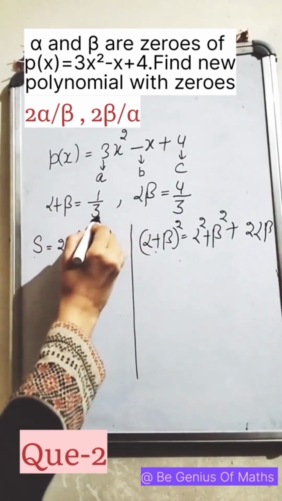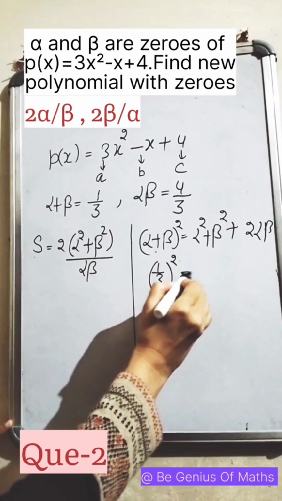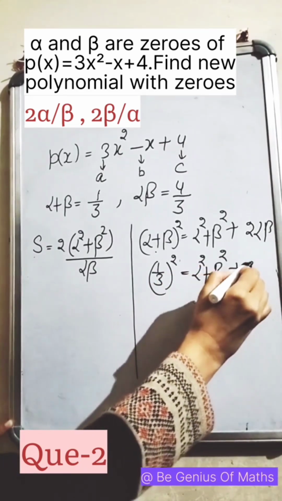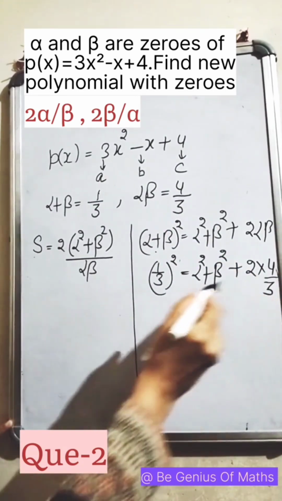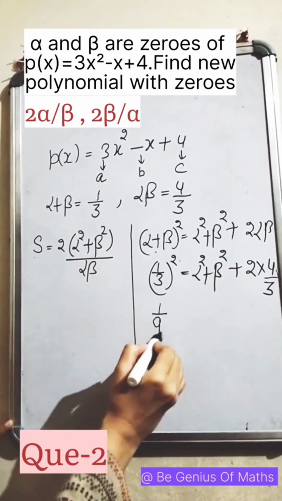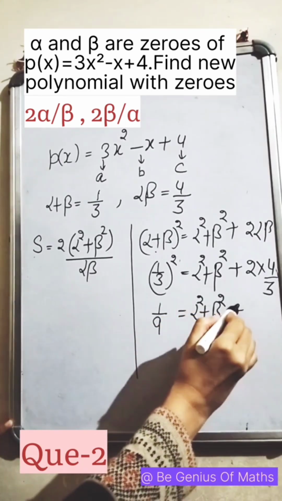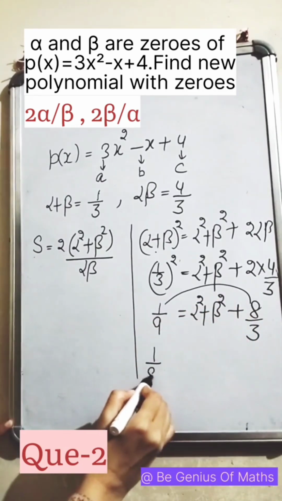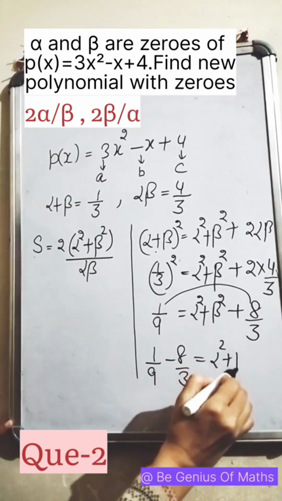Now put the values: alpha plus beta is 1 by 3, squared, is equal to alpha square plus beta square plus 2 times alpha beta, whose value is 4 by 3. It becomes 1 by 9 equals alpha square plus beta square plus 8 by 3. Now on the other side it becomes minus alpha square plus beta square.